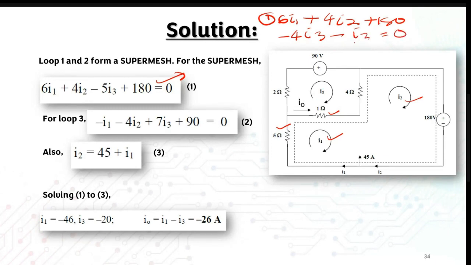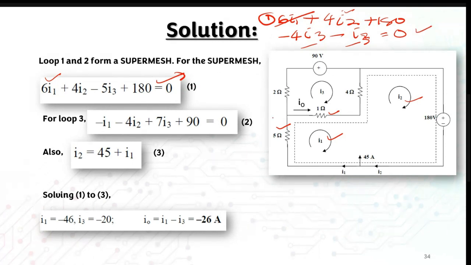Then you can simplify your equation: 6I1 plus 4I2, and 4I3 plus 1I3, so you will have negative 5I3 here, plus 180 equal to 0.